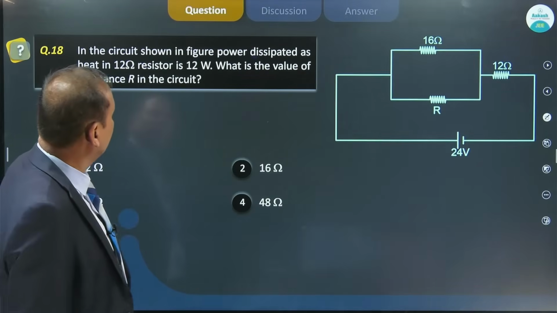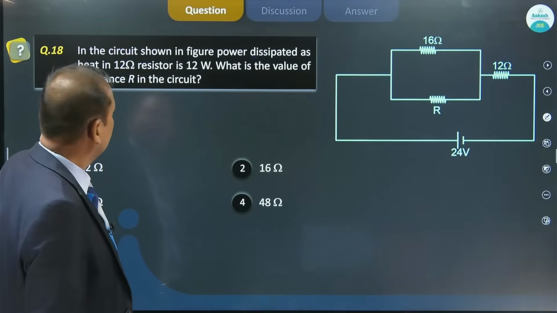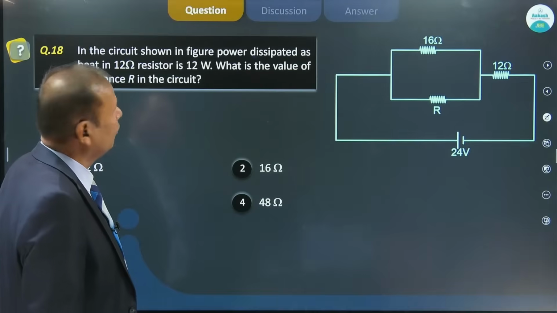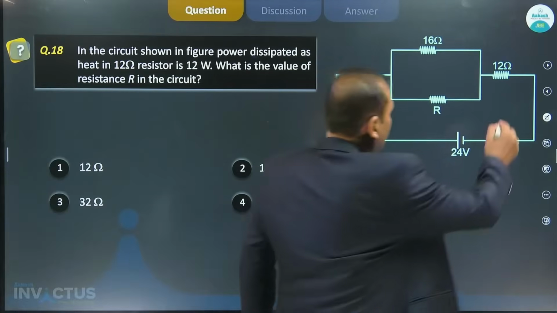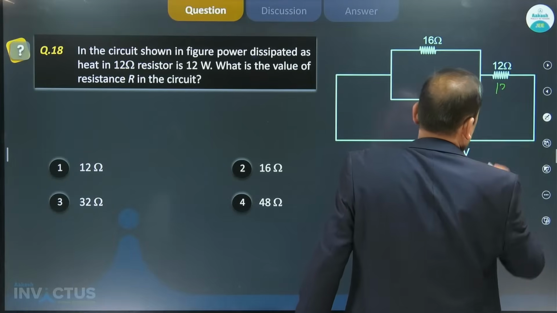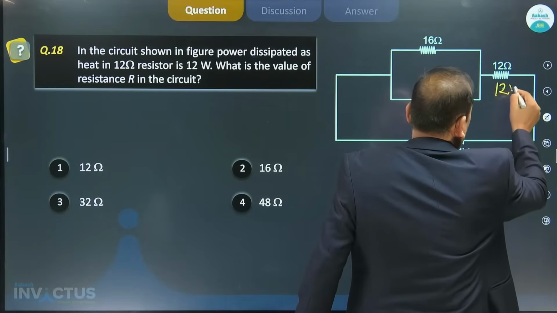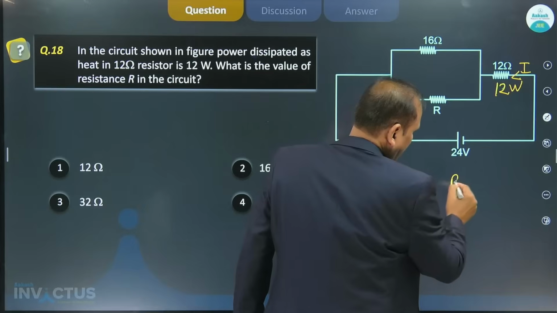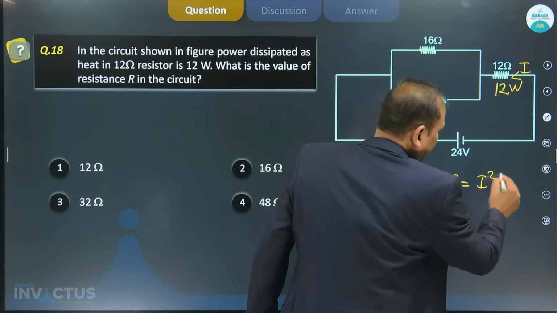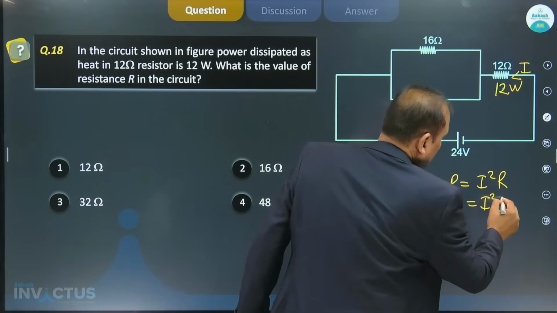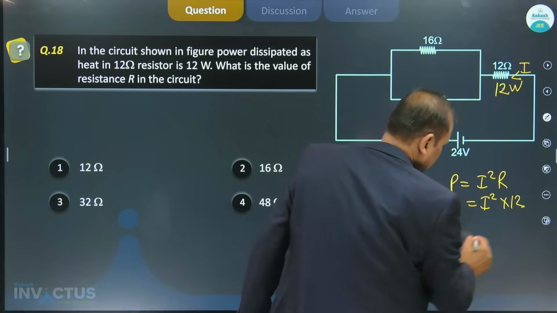In the circuit shown in the figure, power dissipated as heat in 12 ohm resistor is 12 watt. Okay. Here 12 watt. Consider here current I. You know, power is equal to I square R. So 12 is equal to I square into 12.